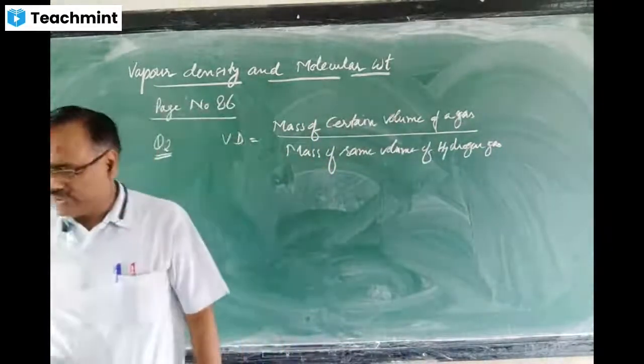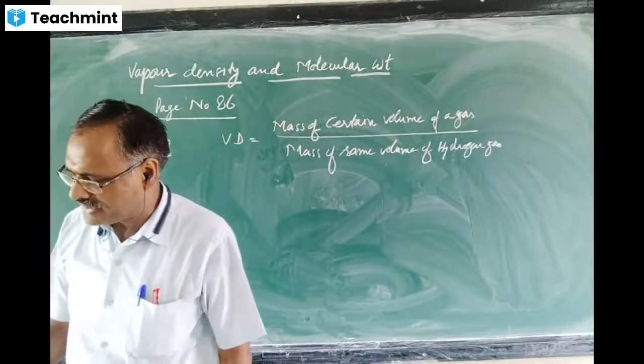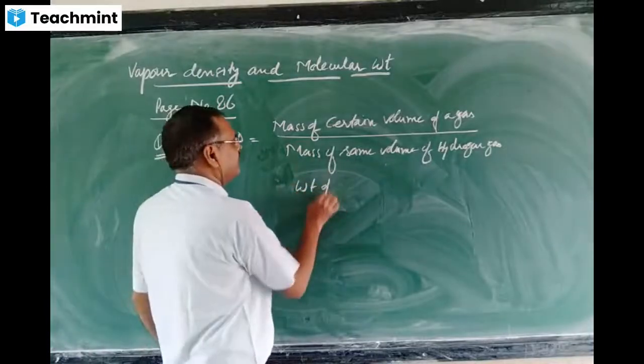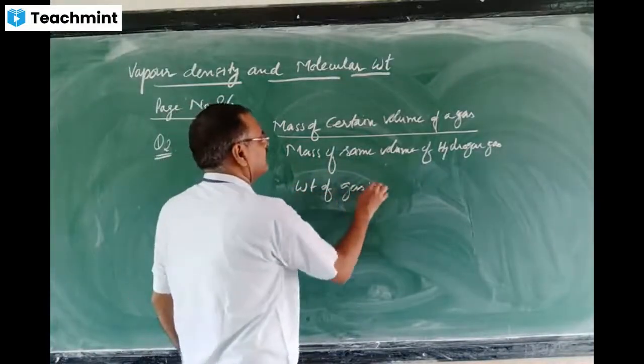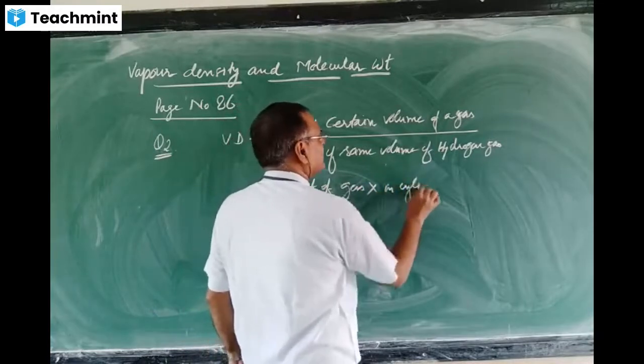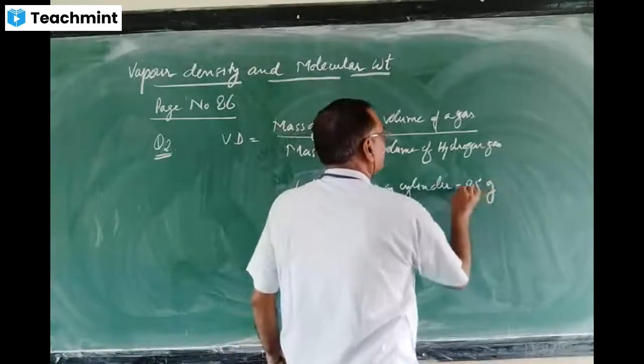So what is given? A gas cylinder holds 85 gram of the gas X. So the weight of gas X in the cylinder is given as 85 gram.